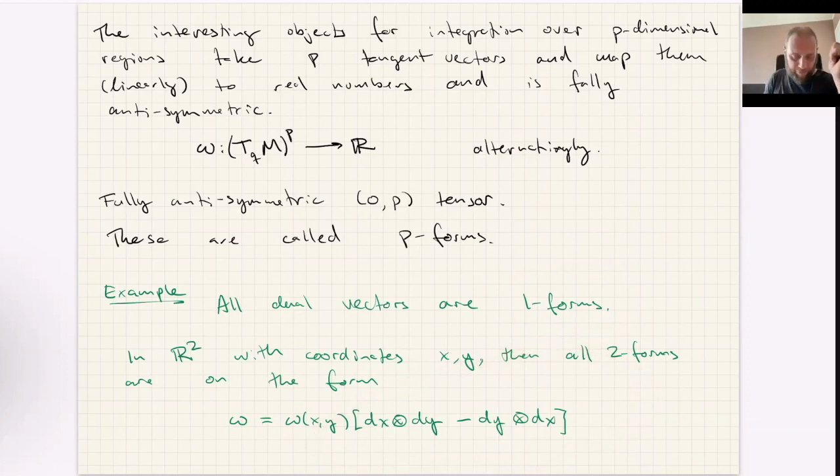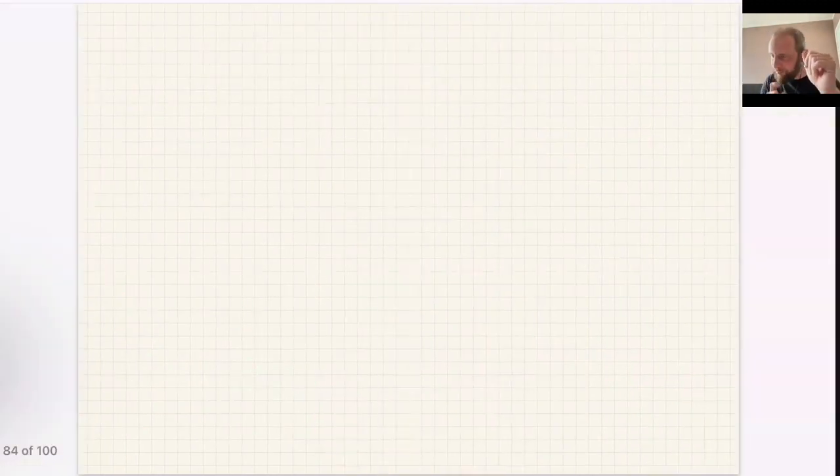So let's formalize here a little bit. Let's write down a more general formulation of p-forms. In order to do that, I'm going to introduce what is called the wedge product.